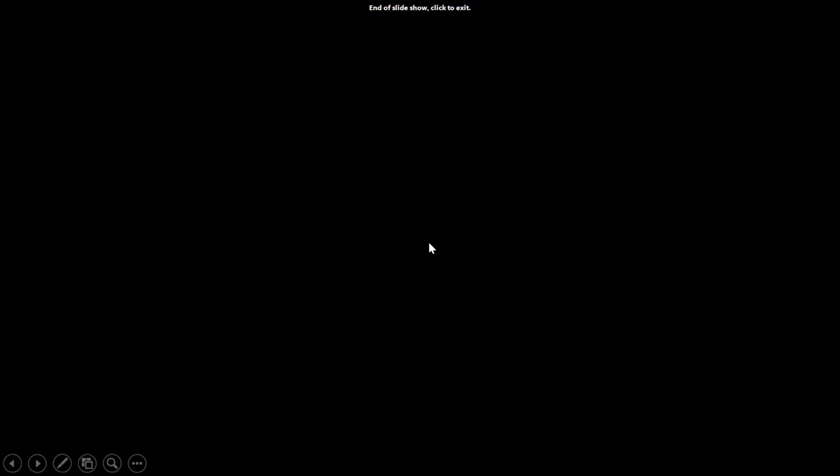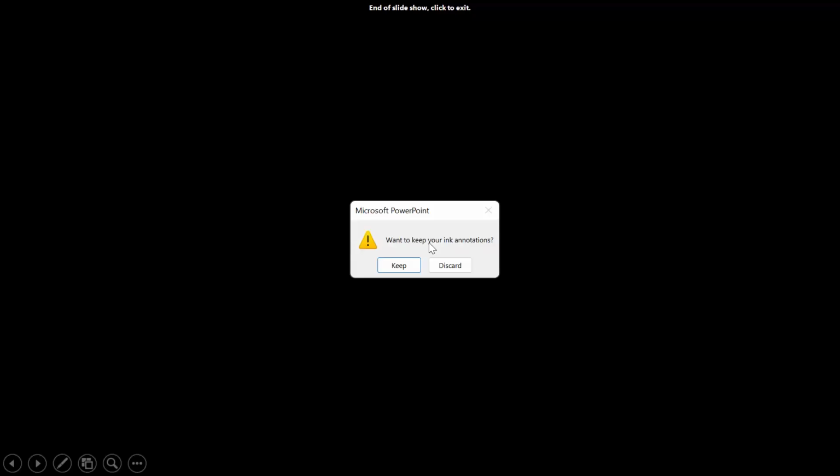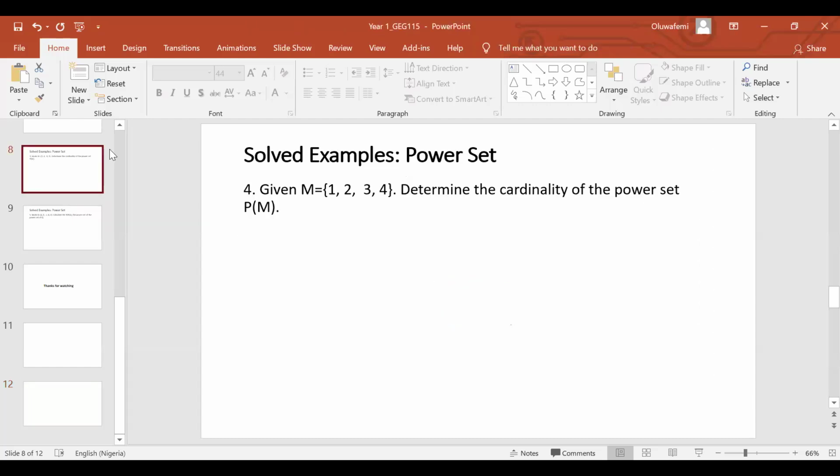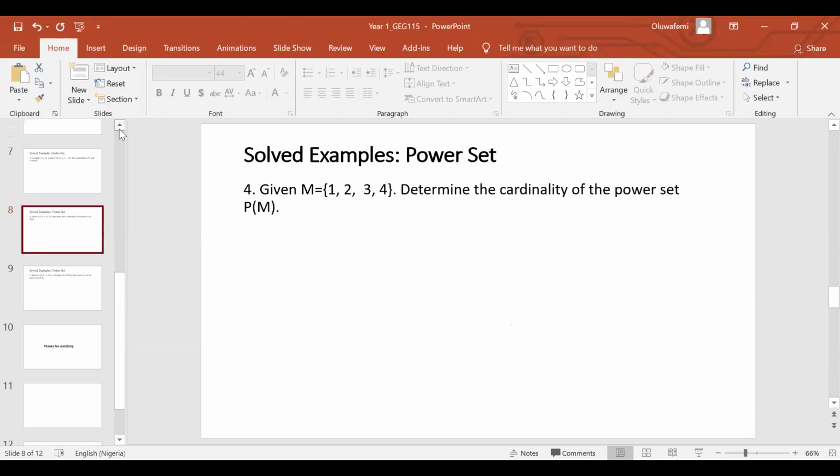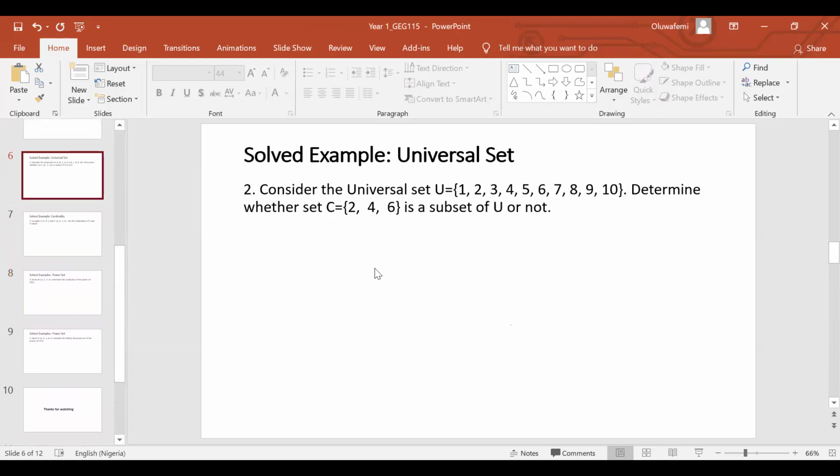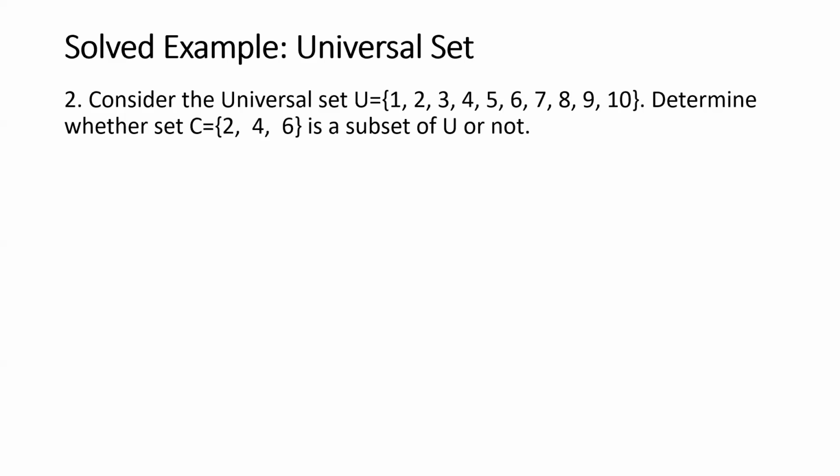Consider the universal set U equals {1, 2, 3, 4, 5, 6, 7, 8, 9, 10}. You have to determine whether set C equals {2, 4, 6} is a subset of U or not.